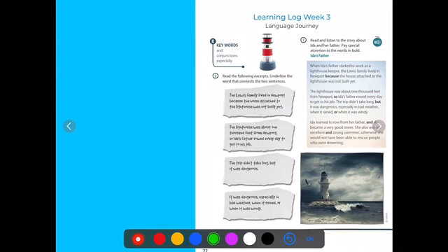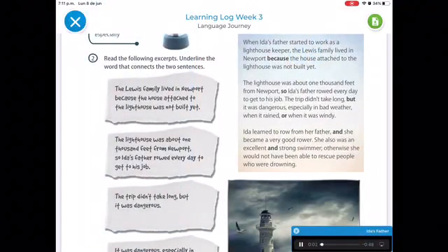When Ida's father started to work as a lighthouse keeper, the Lewis family lived in Newport because the house attached to the lighthouse was not built yet. The lighthouse was about 1,000 feet from Newport, so Ida's father rowed every day to get to his job.